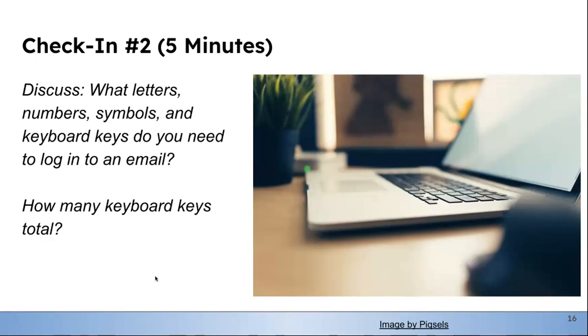Also recognizing that sometimes there's a little eyeball symbol, either inside the username or password box or right outside, and knowing that that symbol means, if you click on that, you can see it. Sometimes you can click on it and it will stay on showing you, or sometimes you have to keep pressing with your mouse on that little eyeball in order to see what it says. If you just click on it, it's going to flash at you and then you still don't know what it says.